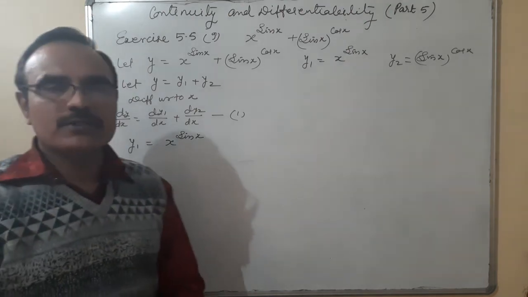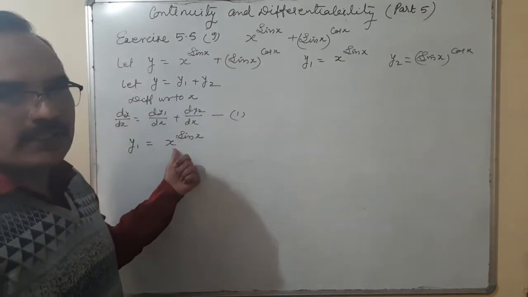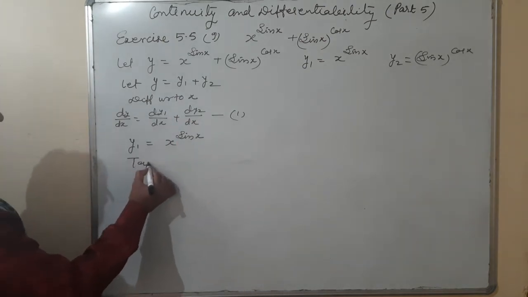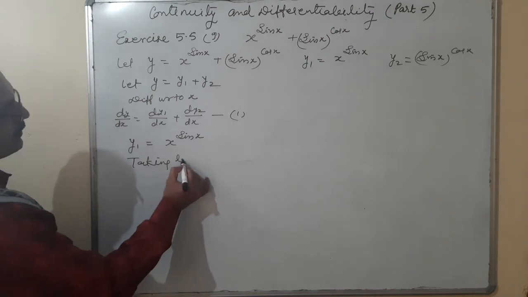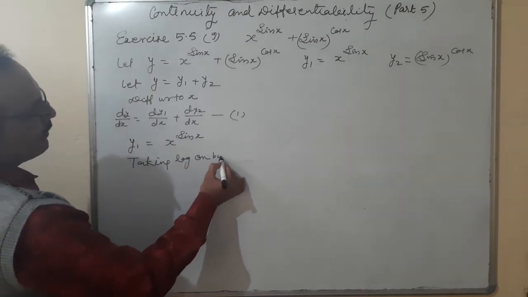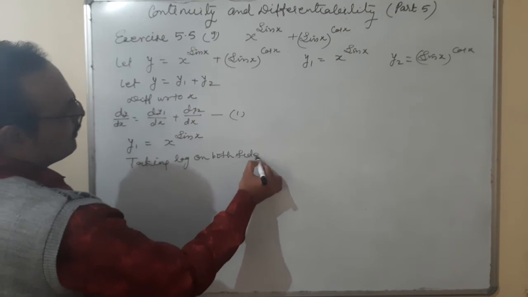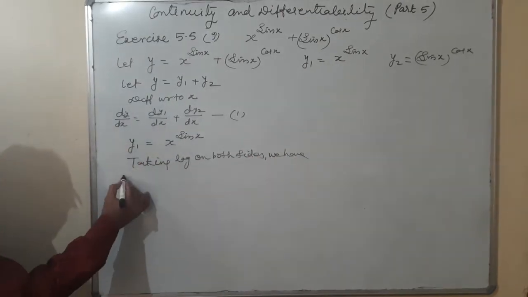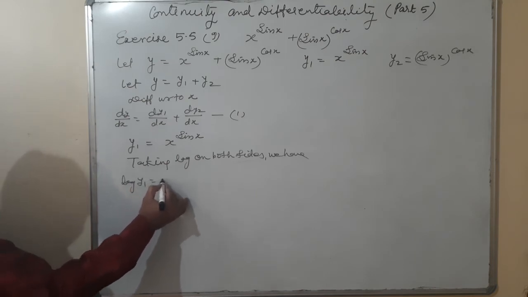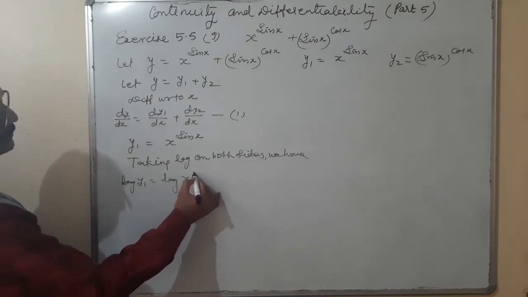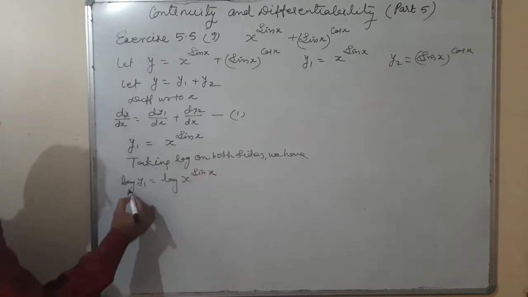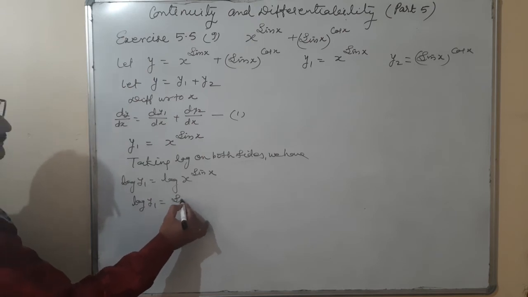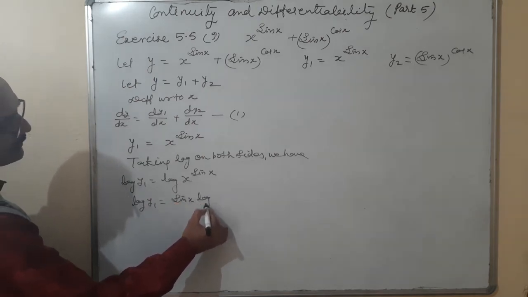You can see that the base is in variable form, and the power is also a variable, so taking log on both sides, log y1 is equal to log x to the power sine x. So it is coming log y1 is equal to sine x log x.